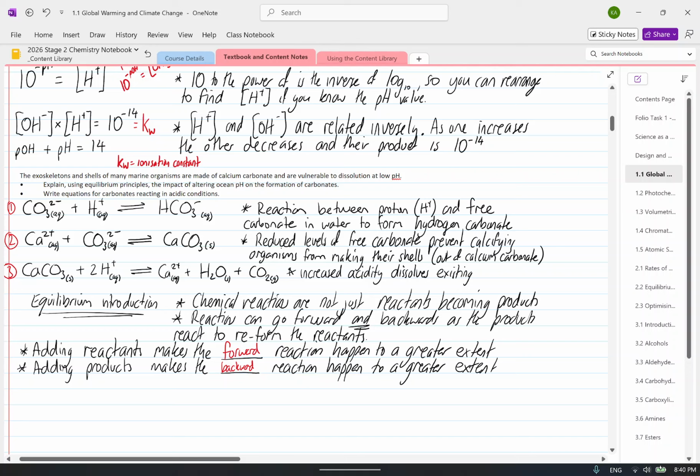So if you increase the amount of this, you're going to make the reaction go further forwards. If you decrease the amount of this, you're going to make the reaction go backwards. Similarly, if you increase the amount of products, you're going to make the reaction go backwards. Again, you will learn a lot more about this in further sections. So that's all you need to know for the moment.